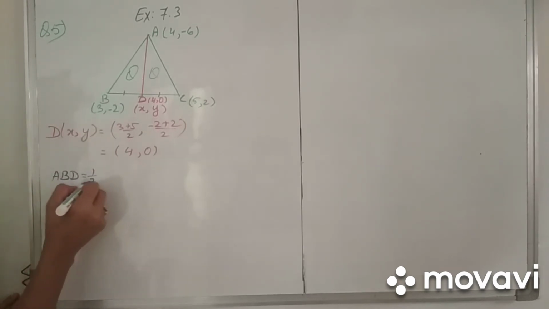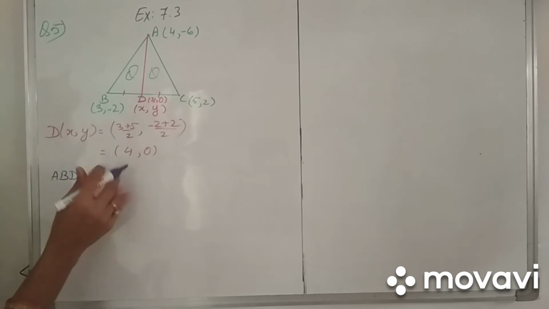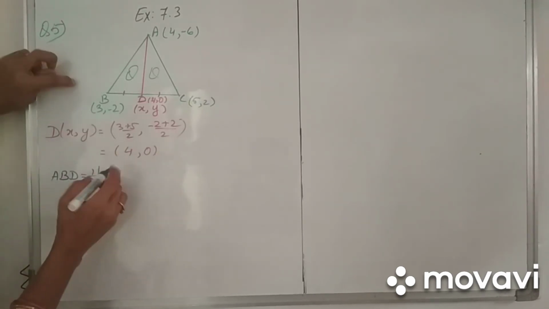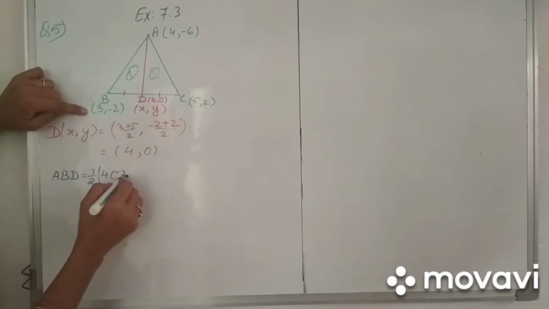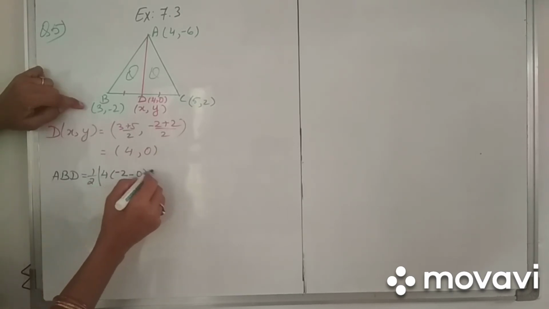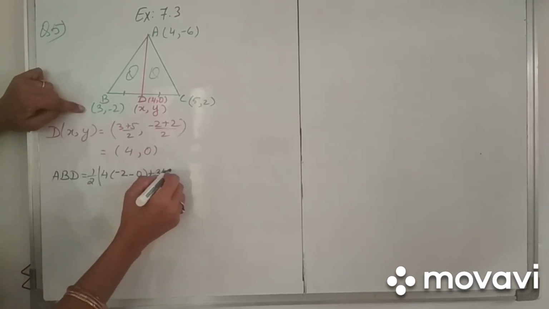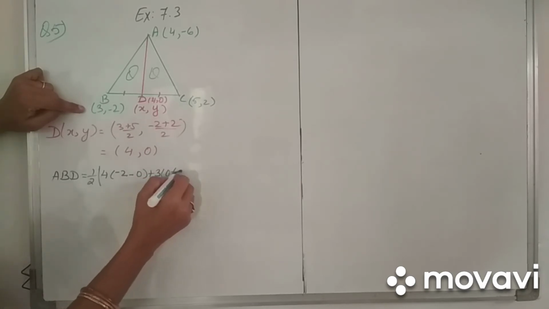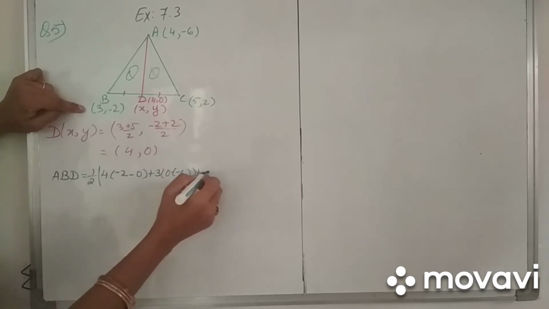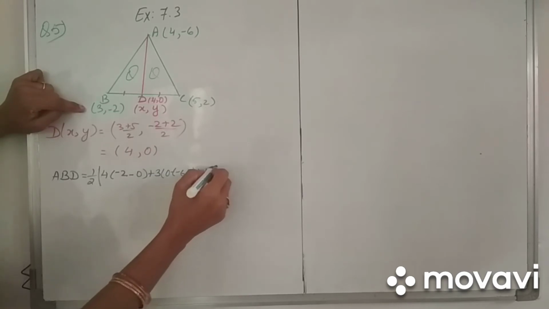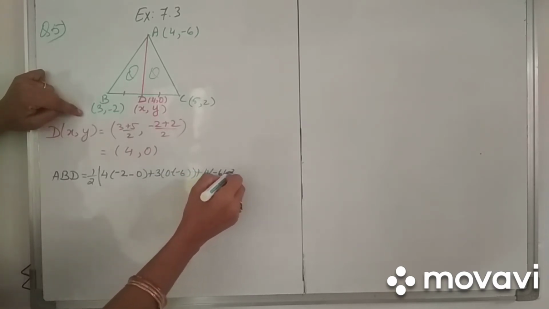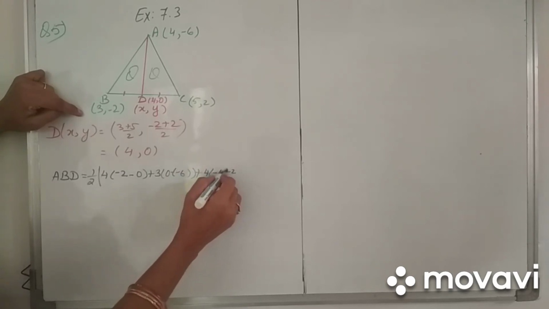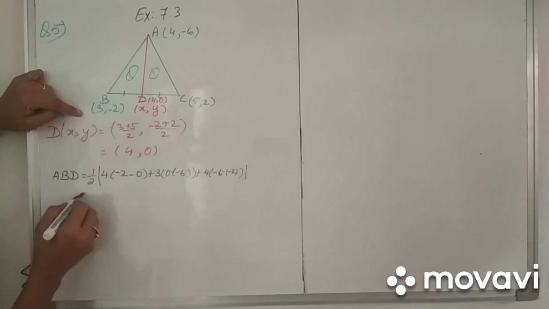ABD is equal to half of mod of 4 into (minus 2 minus 0) plus 3 into (0 minus minus 6) plus 4 into (minus 6 minus minus 2), mod over.